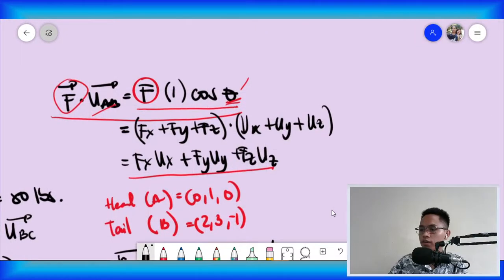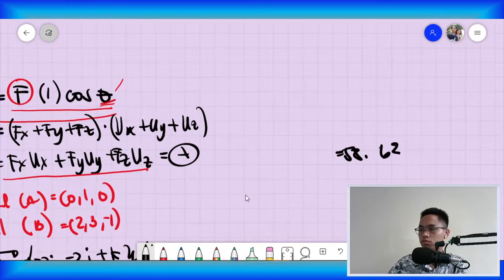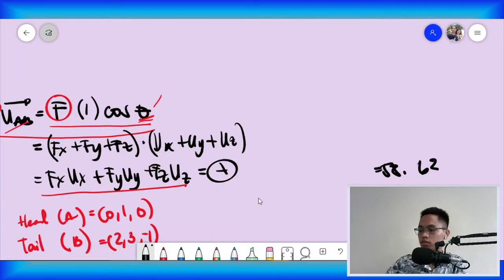We know that this is equal to what we stored in A, which is equal to 58.362. Alright. So, let's go back.